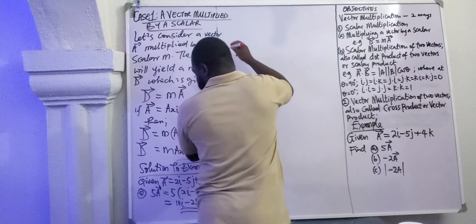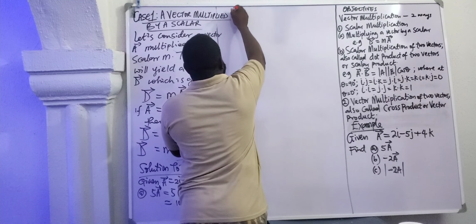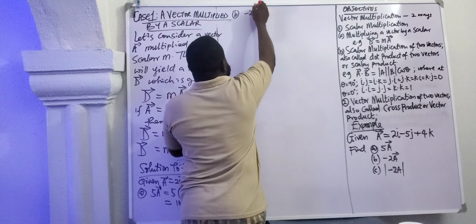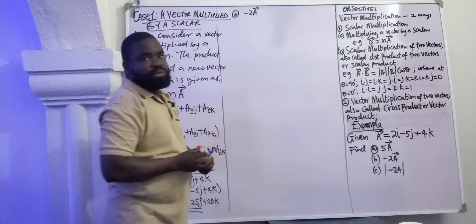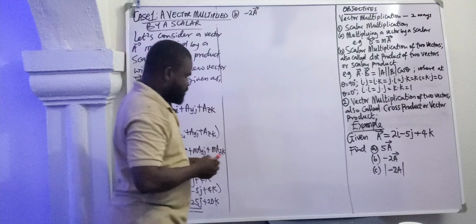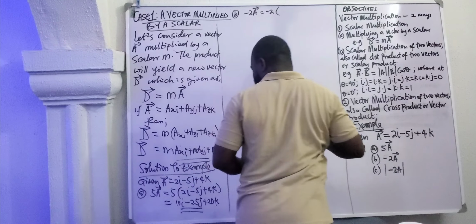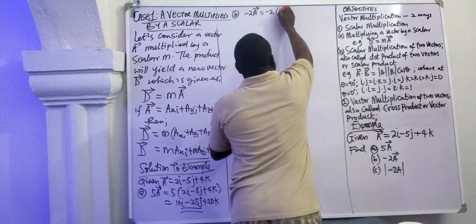In like manner, option B says for us to find minus 2 times vector A. That will give us, using minus 2 to multiply all the components of vector A, 2i minus 5j plus 4k. So we use the minus 2 to open the bracket.